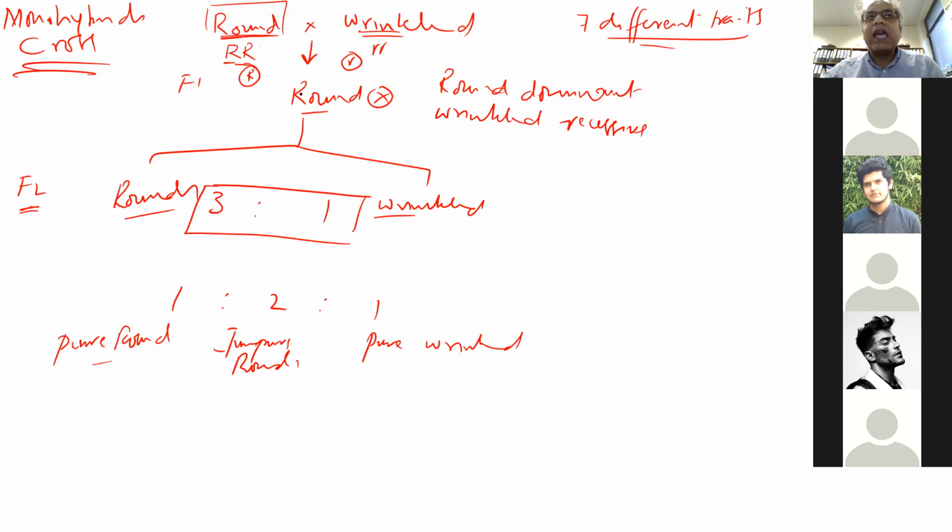What will be in the F1 now? This round will be capital R, small r. And he's already coined the term dominant. He said, since round is dominant over wrinkled, the factor which gives us round, capital R, is masking or dominating the small r. That's why we have round phenotype in all F1.